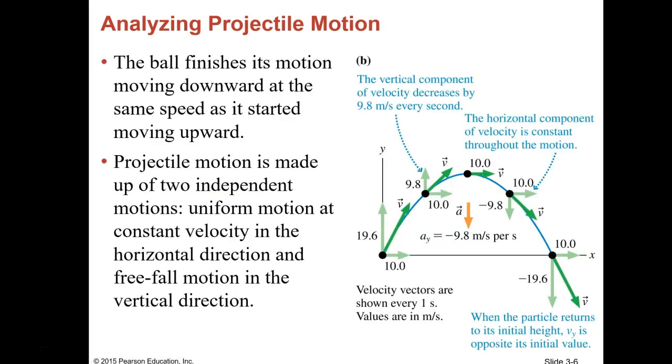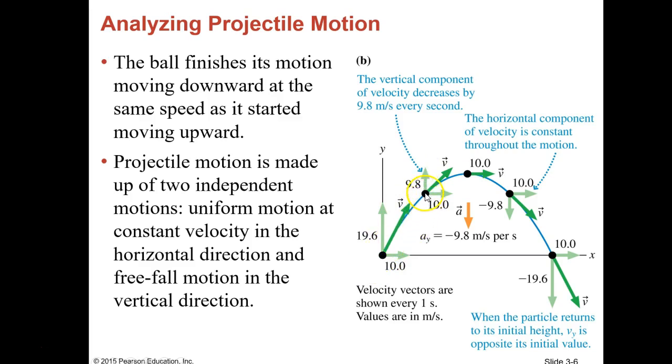Okay, so again, here's the path of the ball. We have this launch speed, and we know the horizontal and vertical components of this speed. Every second, vertically, it's going to get 9.8 meters per second of speed less as it goes up.